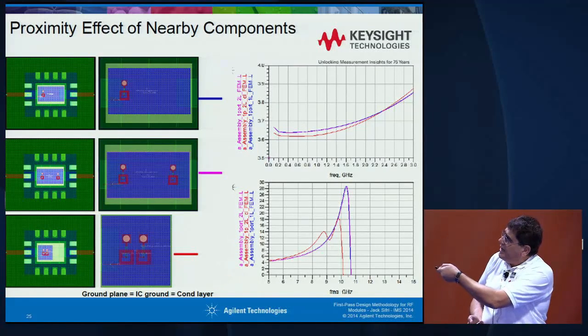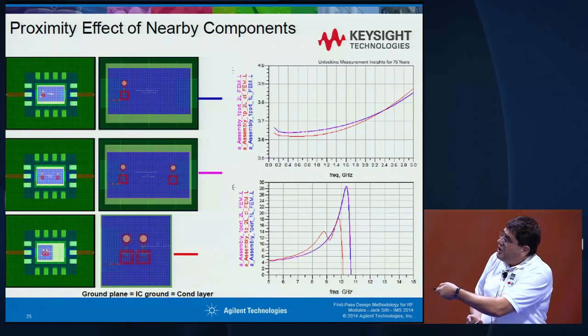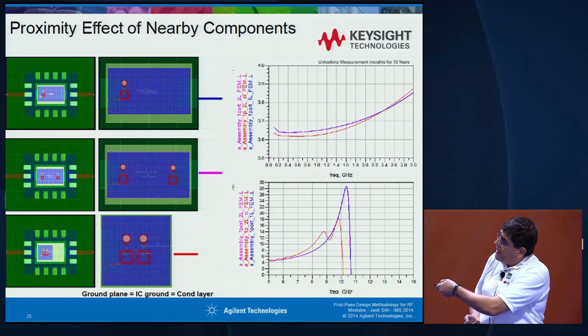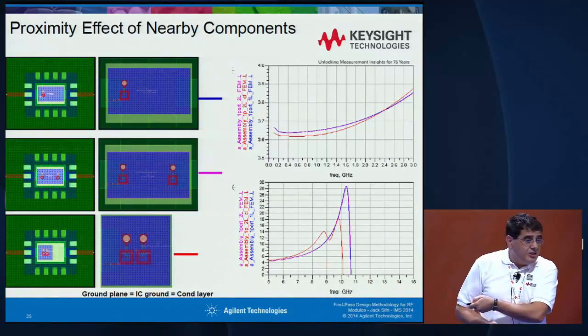So this is really identical to this. But when you get them really close together, even though they are not connected, notice the double humps that I get in the inductance. So if you're working at 7 gigahertz or in this region, you are in trouble. You get all kinds of variation in the inductance, and your circuit will start acting up and showing different results.